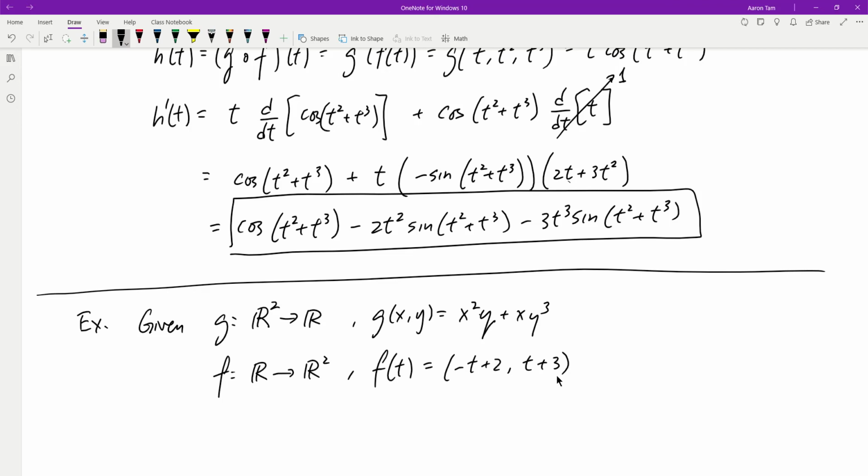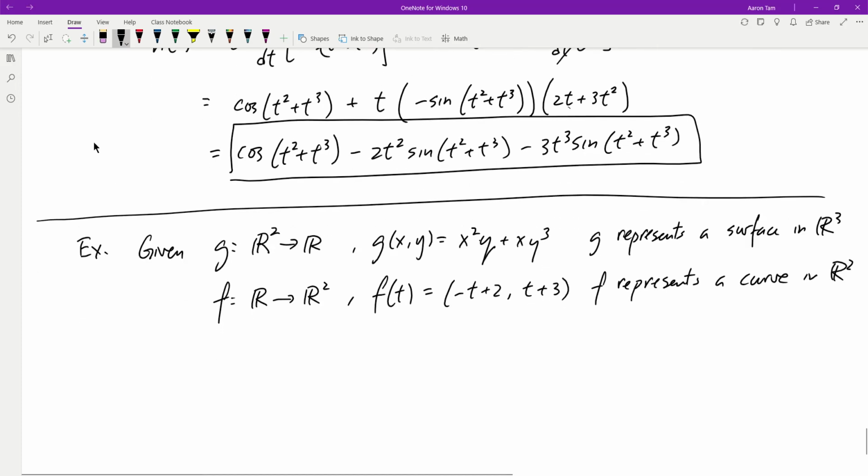So now, once again, you need to know this, and remember, in this case, g represents a two-dimensional surface, so I'm just going to say surface in R3, while f represents a curve in R2.